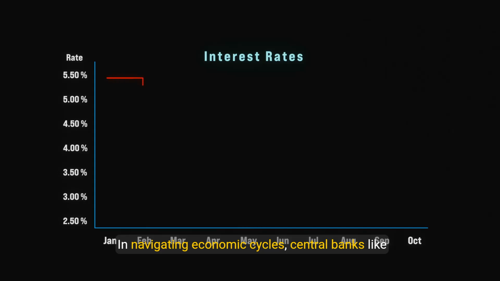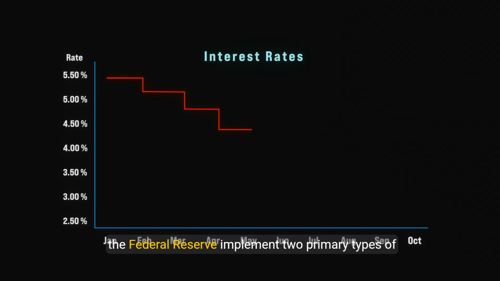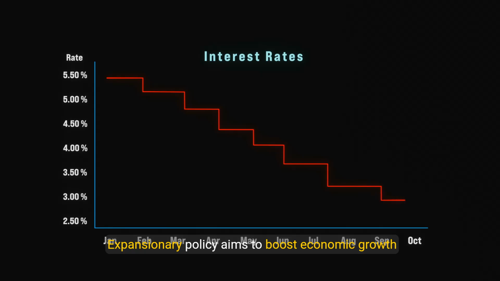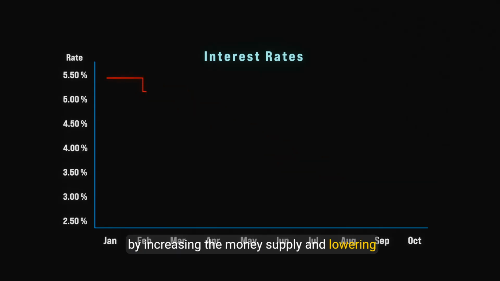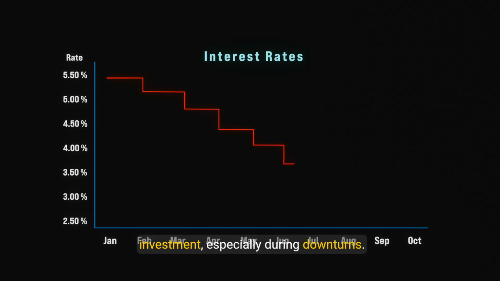In navigating economic cycles, central banks like the Federal Reserve implement two primary types of monetary policy: expansionary and contractionary. Expansionary policy aims to boost economic growth by increasing the money supply and lowering interest rates, encouraging spending and investment, especially during downturns.